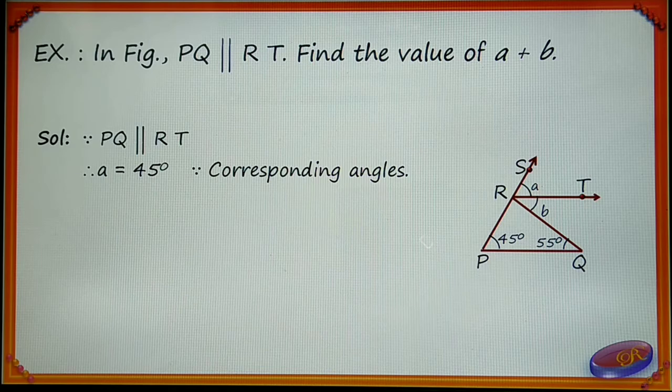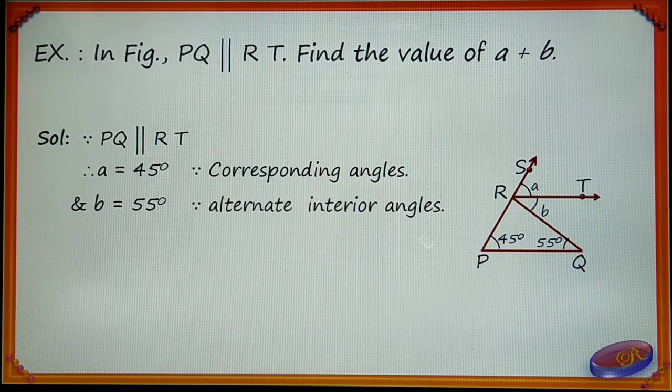Since PQ is parallel to RT, therefore angle QRT is equal to angle Q because they are alternate interior angles. Therefore, B is equal to 55 degree. Now, A plus B is equal to 45 degree plus 55 degree is equal to 100 degree.